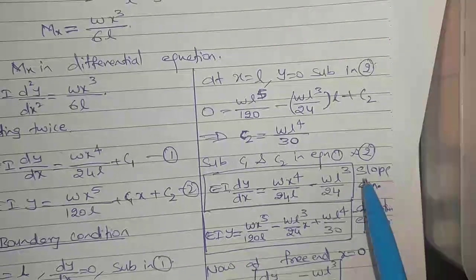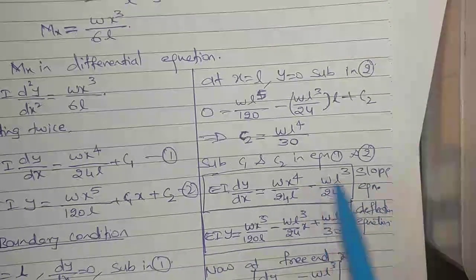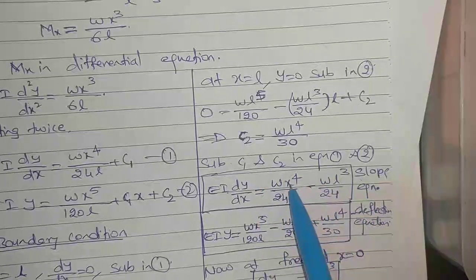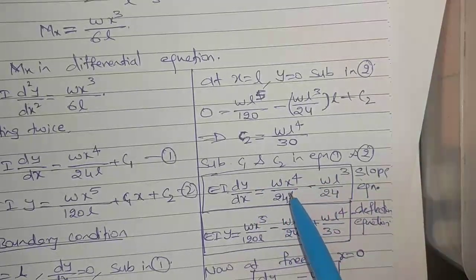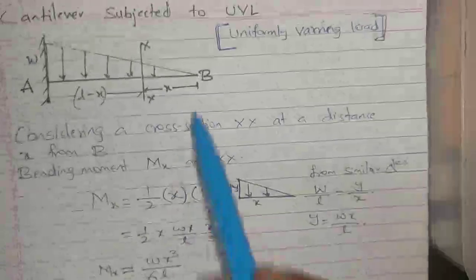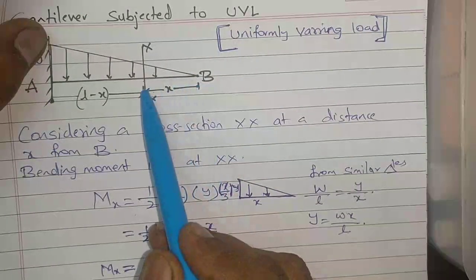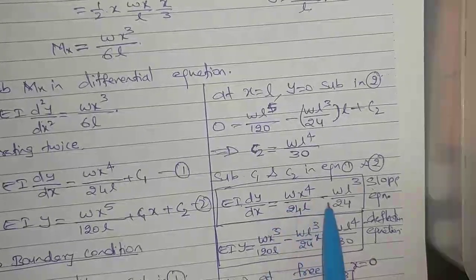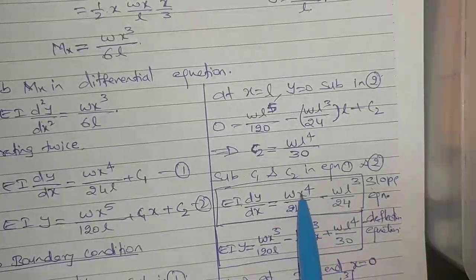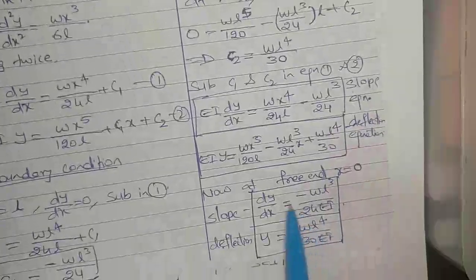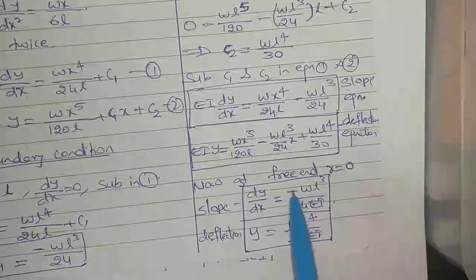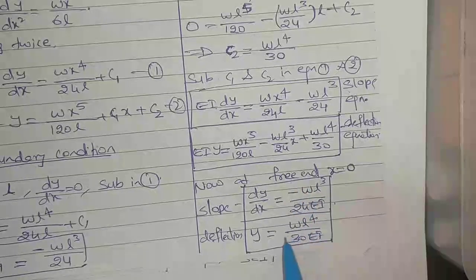So wherever slope or deflection is asked, you have to substitute. For example, if you are asked at 1 meter from the free end, in place of x in the slope equation, you have to substitute x is equal to 1. Here what we have done, for the free end we have found the slope and deflection.